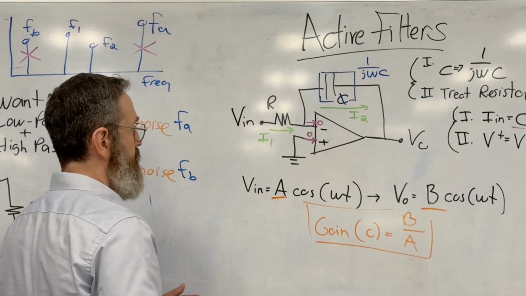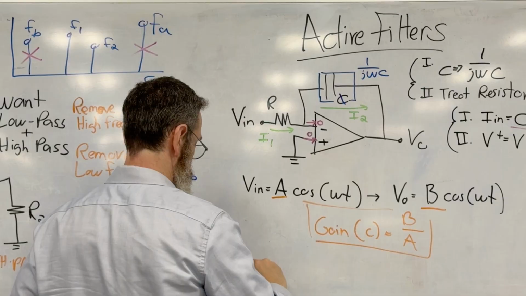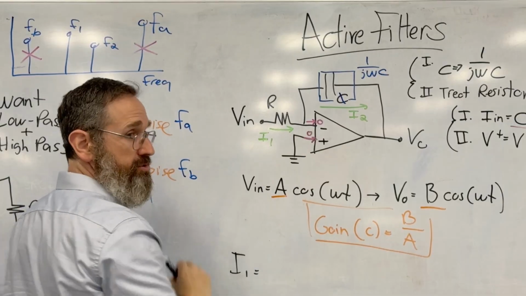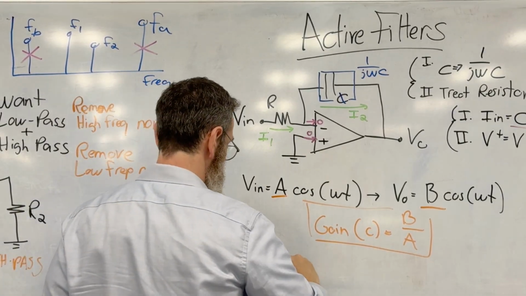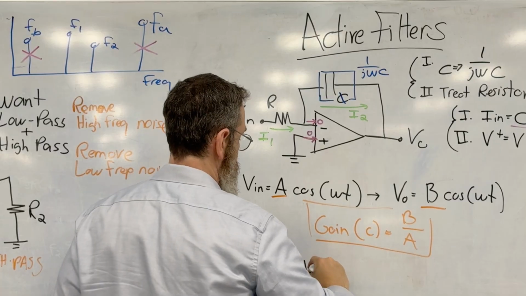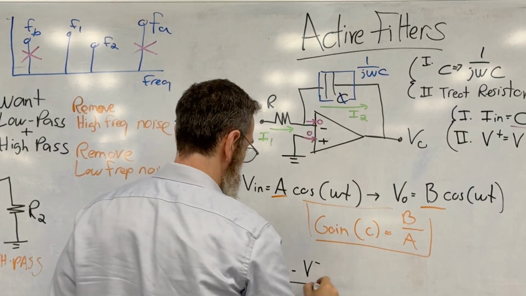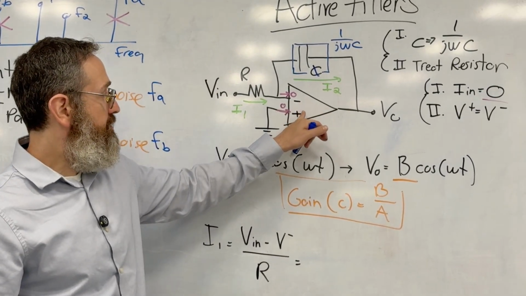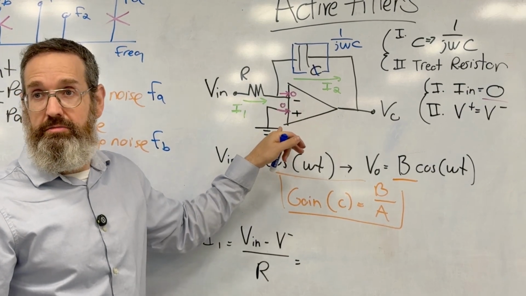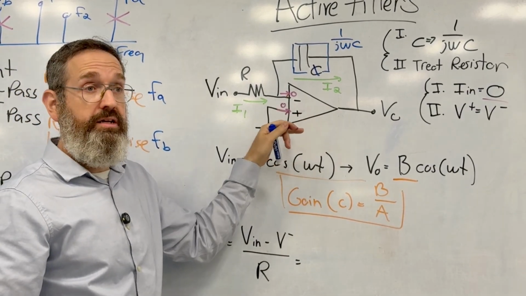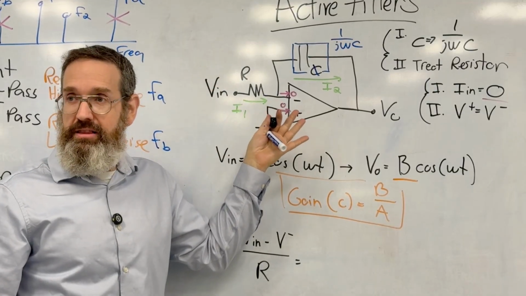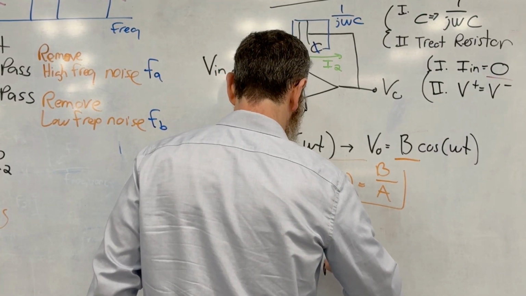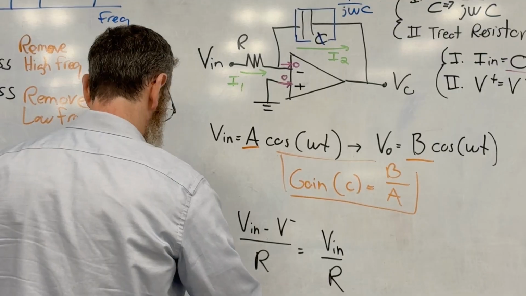What's Ohm's law for current 1? It's this voltage minus this voltage divided by this resistance. So that's going to be V in minus V minus, the negative terminal, over R. Now, V minus is equal to V plus, and V plus is equal to 0. I'm going through this a little quickly, but we did exactly this for the inverting amplifier, and so this is equal to V in over R. Now I sub 2.